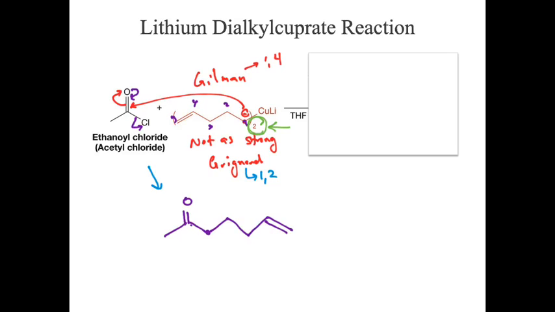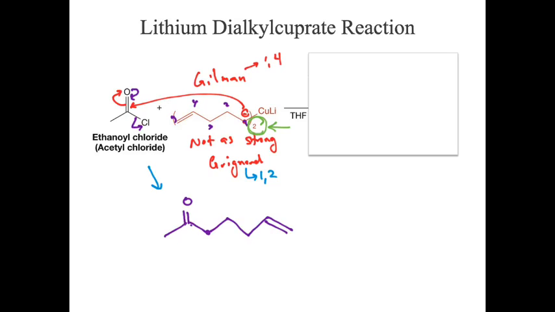Okay? Yes, we have a polar pi bond. So now the question is, is Gilman a strong enough nucleophile to do a direct addition? It is unfortunately not strong enough. Okay? So I don't see why not is a valid explanation, and I would kind of lean with you.